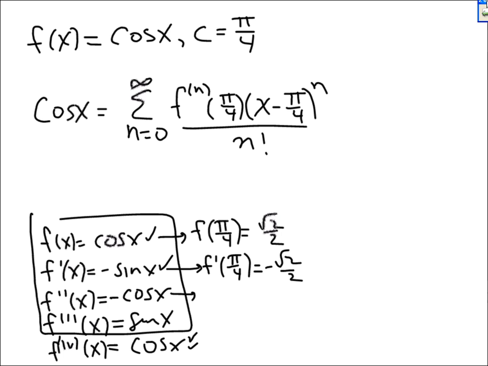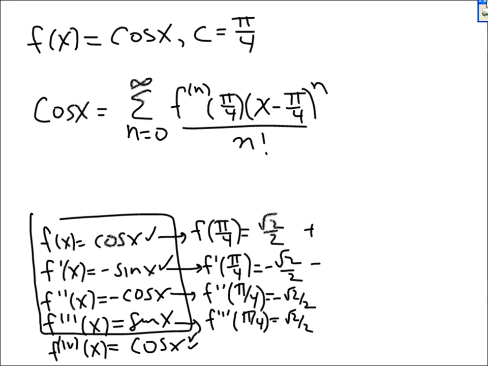And the next one is negative. The second derivative at pi over 4 is negative the square root of 2 over 2. And the third derivative at pi over 4 is just sine of pi over 4, which is square root of 2 over 2. And this keeps repeating.